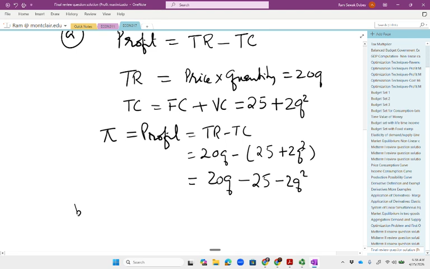Now we will find the first order condition for the profit maximization. So first I would like to write down the profit maximization.